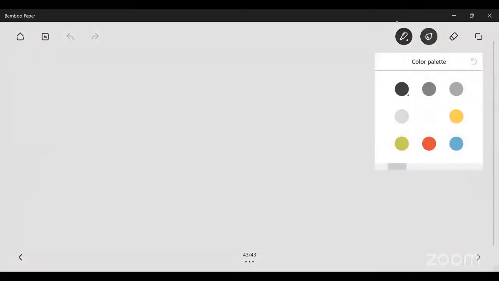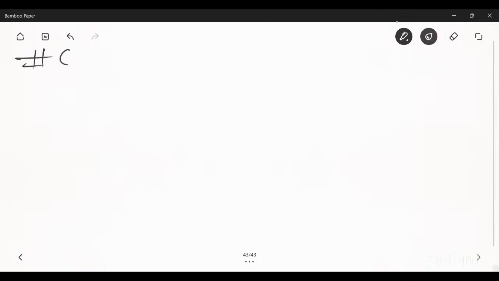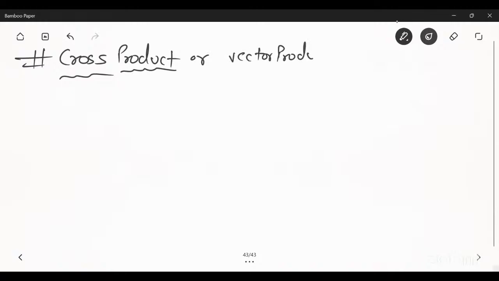Cross product, or vector product. Wait, one thing. Why do we call the dot product a scalar product?